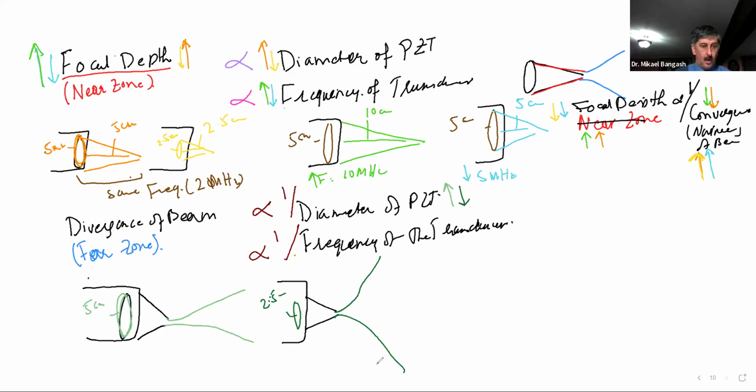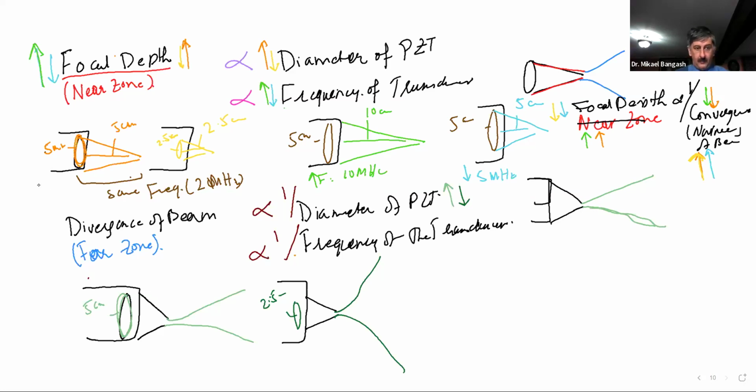Or if we put these two side by side, in one case we can say, this is the focal point, but anyways, less convergence, or less divergence, sorry, will be this one here.